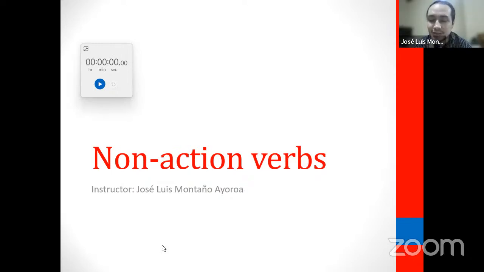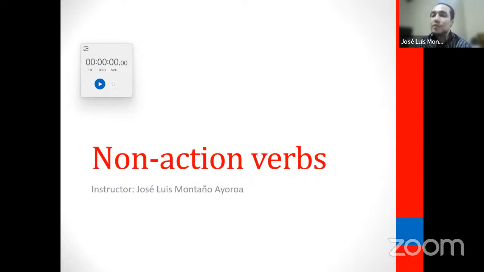What is the tense that we cannot use with non-action verbs? Could be continuous tense. Right, correct, right? Any continuous tense. It doesn't matter if it's present continuous, past continuous, future continuous, right? Or present perfect continuous. We cannot use the continuous tense form when they have that meaning.